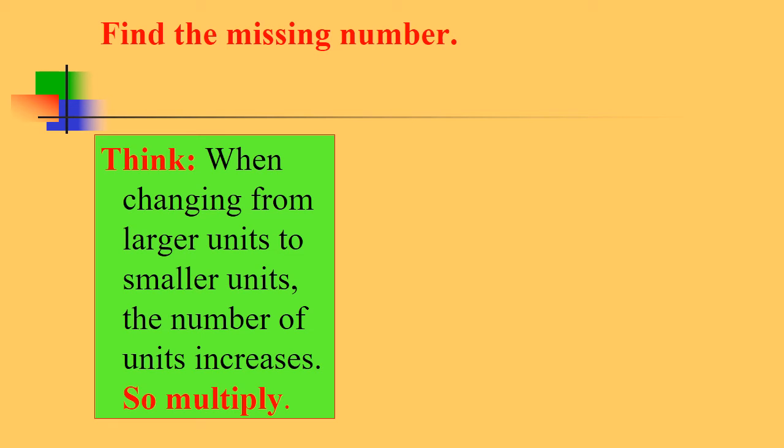Let's find the missing number. Now think. When we change from a larger unit to a smaller unit, the number of the unit increases. So we multiply. Here we have 8 quarts equals blank pints. We want to find out how many pints will equal 8 quarts.